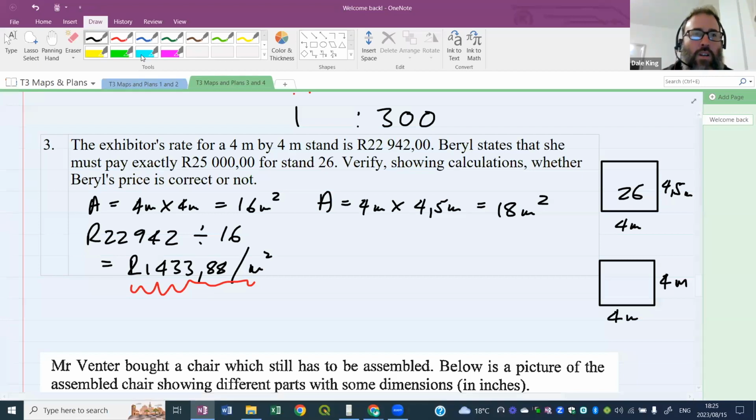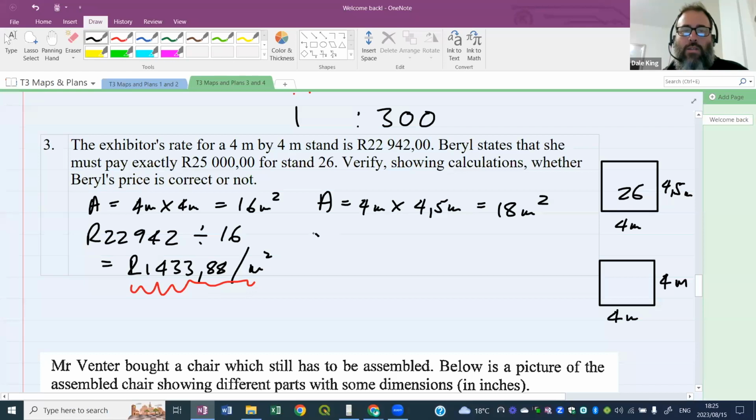Yeah. So we got to go take this to Beryl's side now. So Beryl's got 18 square meters worth of area. And she's saying I should be paying the same price per square meter as anyone else. My stand is 25,000. Is it right? Well, so we should check how much Beryl's stand, stand 26, is per square meter.